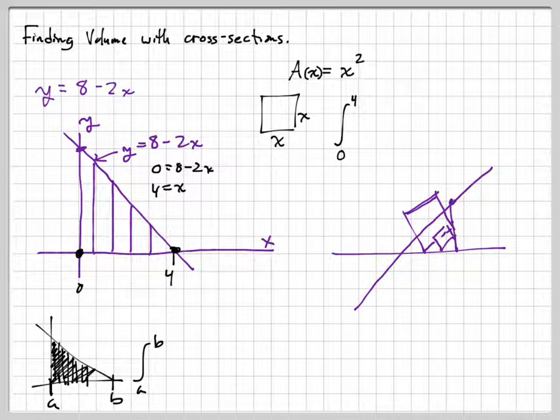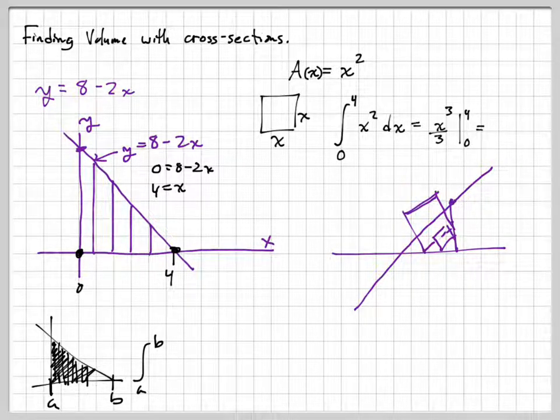That's our integral. What is our area function? That's what goes inside here. Our area function is x squared, right? dx. And so our answer is whatever the result is of this integral. That's the volume of this shape. So we would get x to the third divided by 3. We're going to plug in 0, then 4.